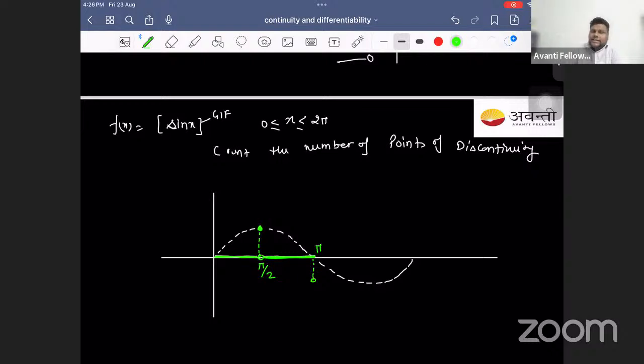If sin x is negative, its greatest integer will become minus 1. It will remain minus 1 because it will remain negative and it won't go below minus 1. So it will always be minus 1, and exactly at 2 pi, it will become 1.